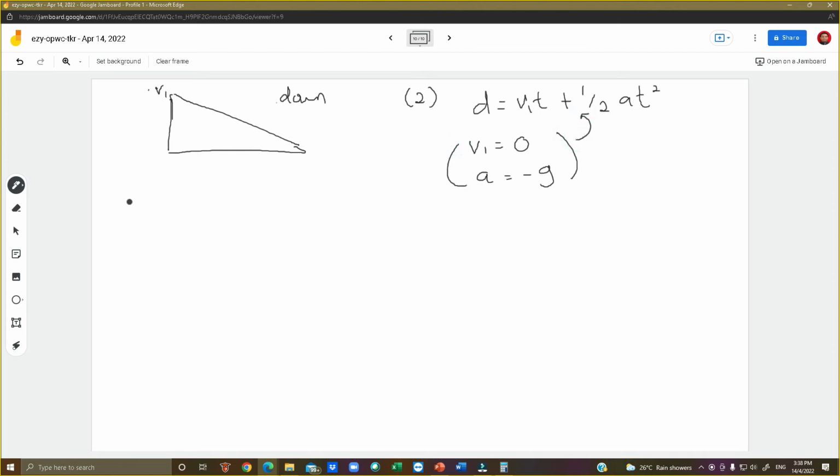So, we have D equals to 0 T plus half A T square. Okay, 0 dengan T, slash it out. Jadi, kamu tinggal D equals to negative half GT square.